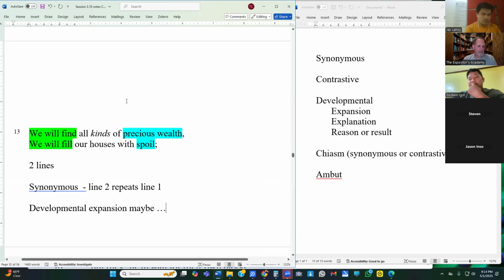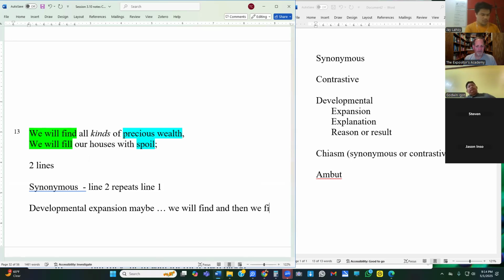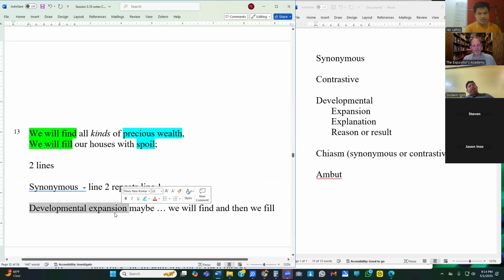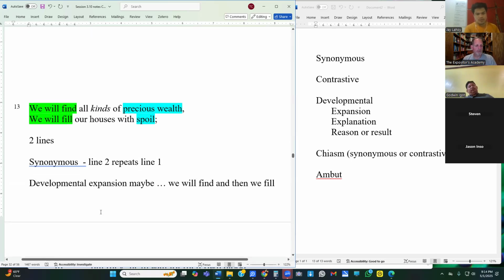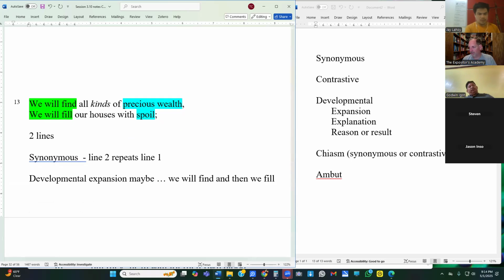Because he's saying we'll find and then we'll fill, most likely it's synonymous: find, and then we will fill. If someone put expansion or developmental here, I could see a possibility for that, but it seems to be synonymous.